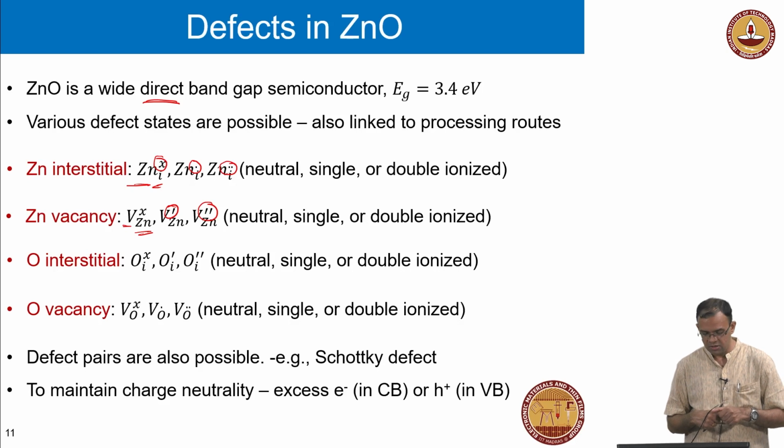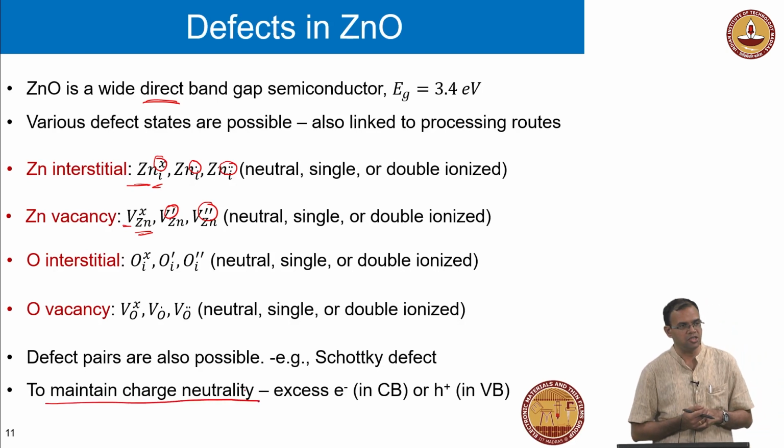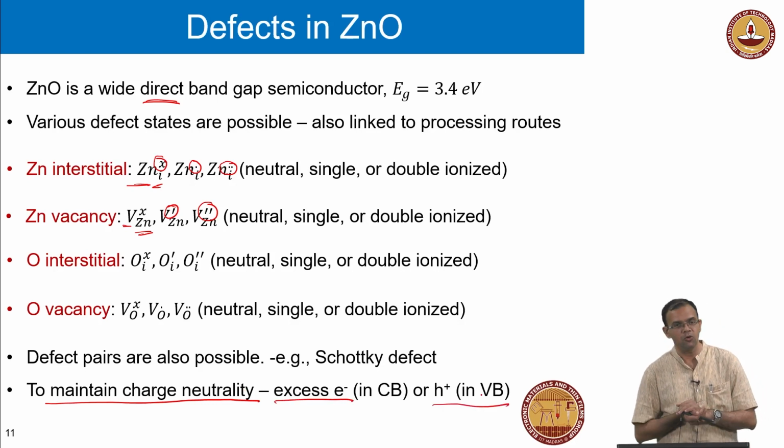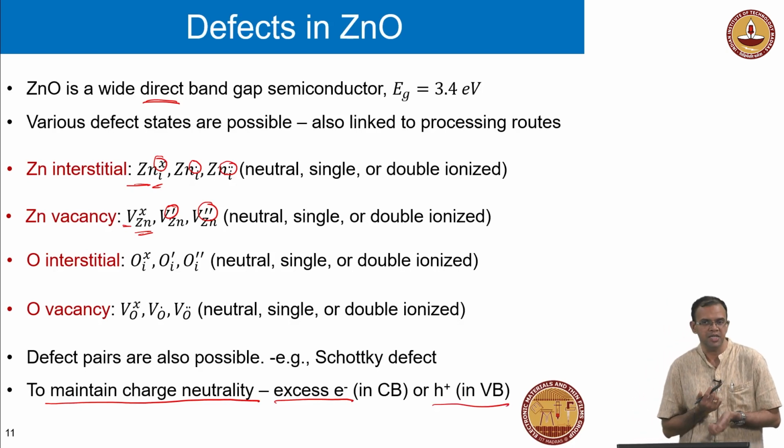Obviously, whatever you do, you need to have charge neutrality. So this means you can have excess electrons. If these excess electrons are in the conduction band, you get n-type, or you have excess holes. If these are in the valence band, you have a p-type material.